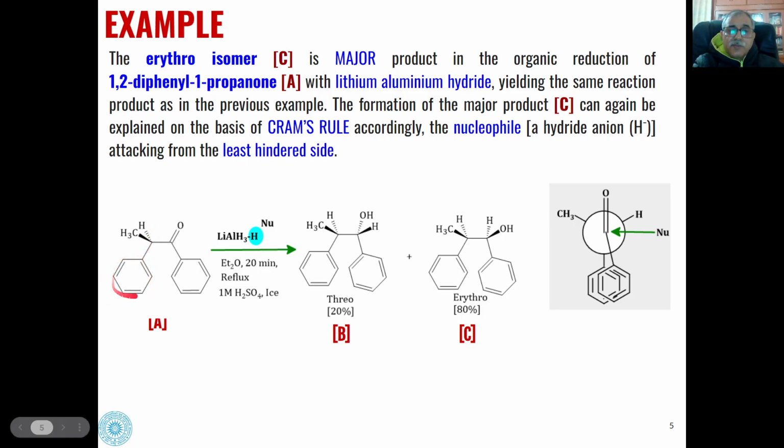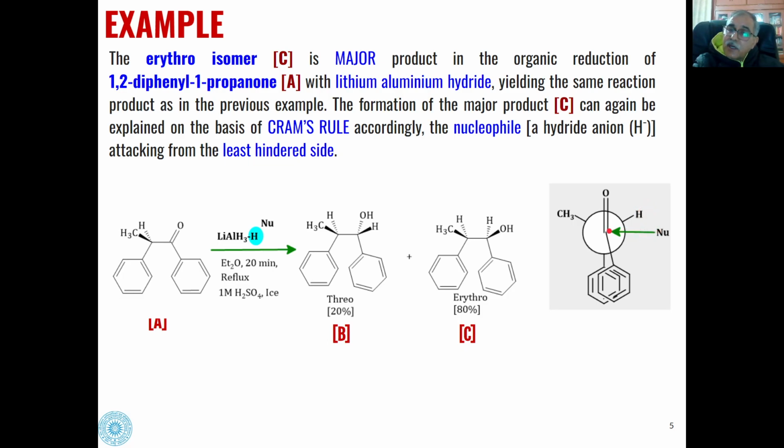The largest group on the alpha carbon is phenyl, so both these groups are eclipsed with each other, and now this is the medium group and this is the smaller group. So the nucleophile, and here the nucleophile in case of lithium aluminum hydride is hydride ion, will attack from that side of the molecule where the smallest group is attached.